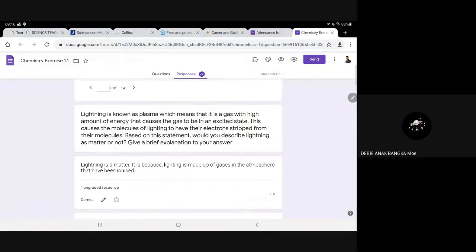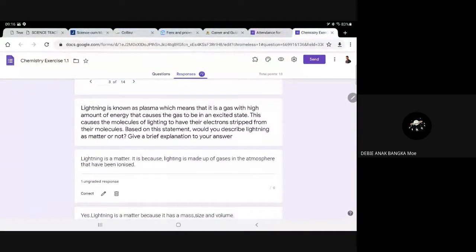Berdasarkan pernyataan. So dekat pernyataan ni, dia ada bagi tahu yang lightning, kilat, it is a gas. So kilat sebenarnya adalah sejenis gas yang mempunyai tenaga yang tinggi. Kemudian kilat punya gas molecules, dia punya elektron dah dibuang. Maksudnya di situ, dia tiada elektron, tapi dia masih ada proton dan neutron.